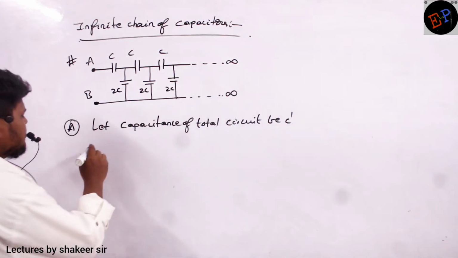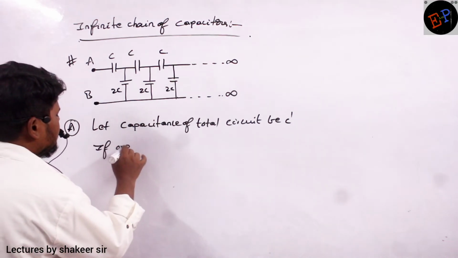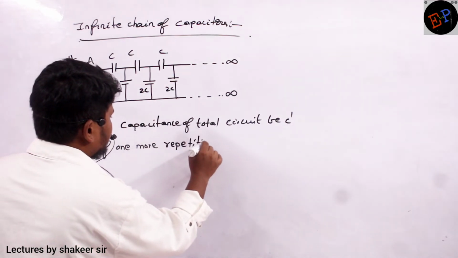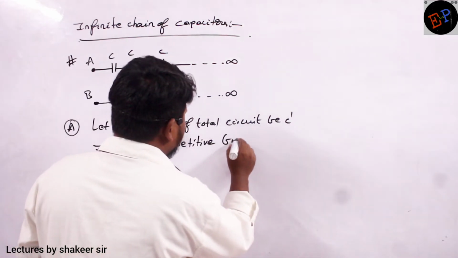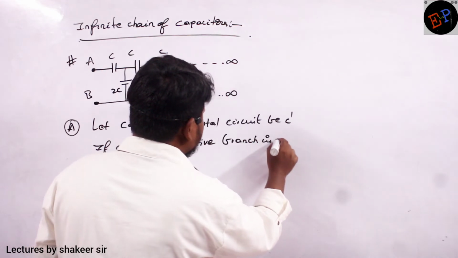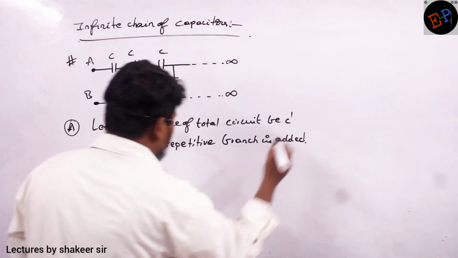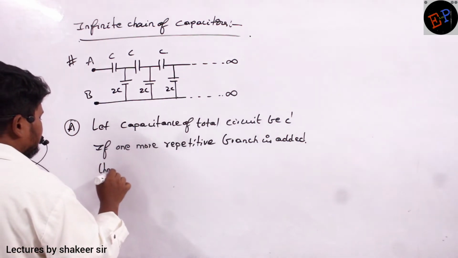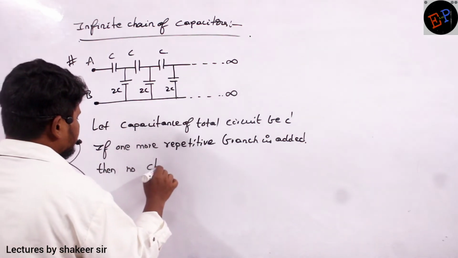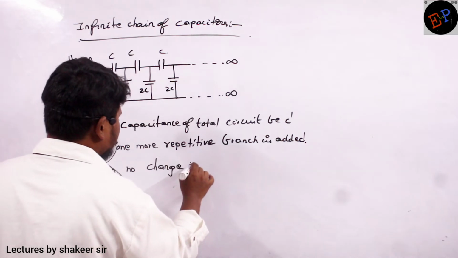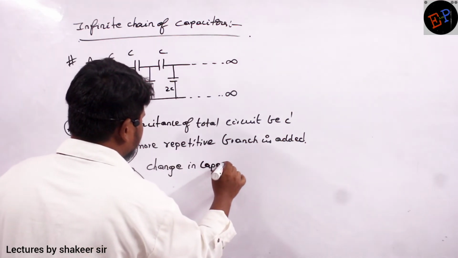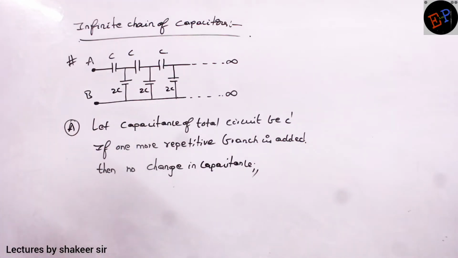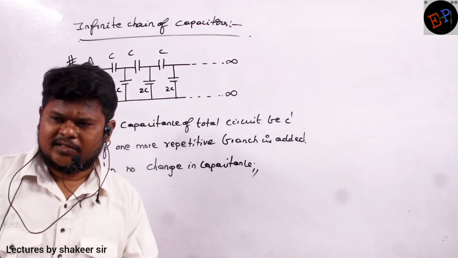Then, if one more repetitive branch is added or removed, there is no change in capacitance. Are you able to understand what is happening? If I add one more repetitive branch, then also there will not be any change in capacitance.